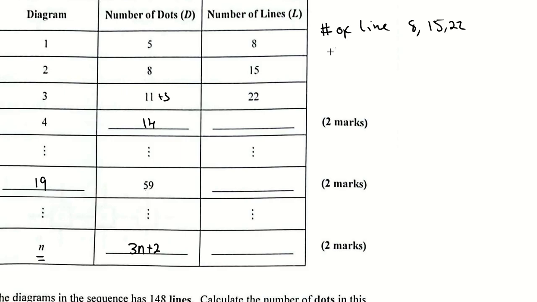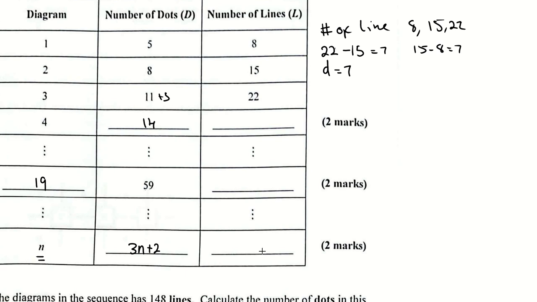Is there a common difference? You take a term, whichever term, and you minus the previous term. So 22 minus 15 is equal to 7, and then 15 minus 8 is also equal to 7. So you know that your common difference, or d, is equal to 7.